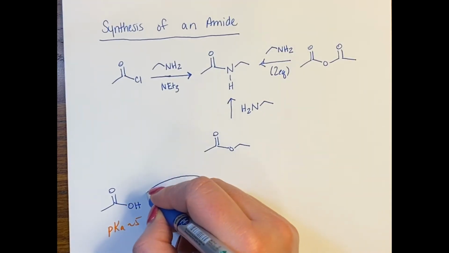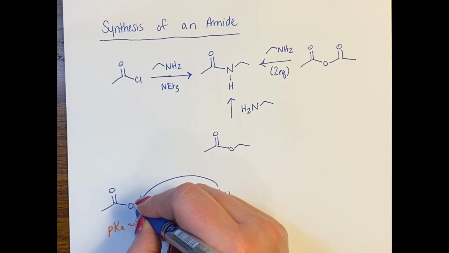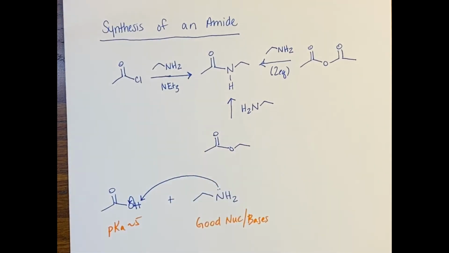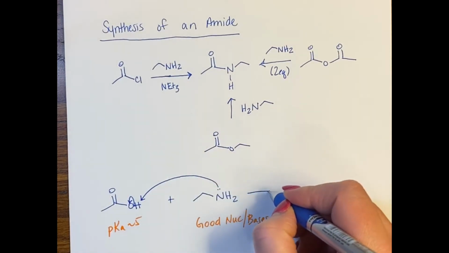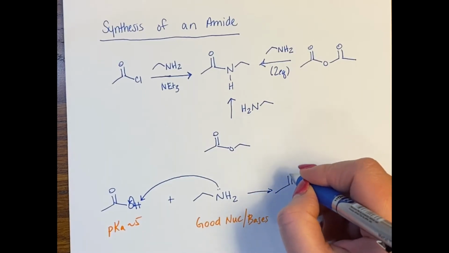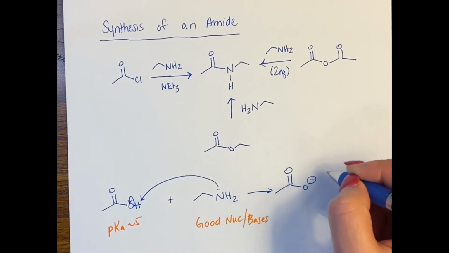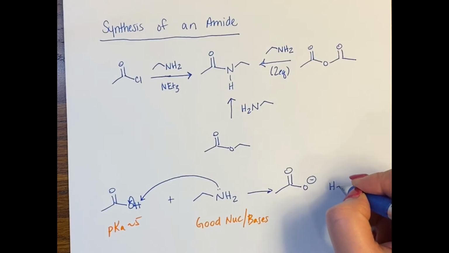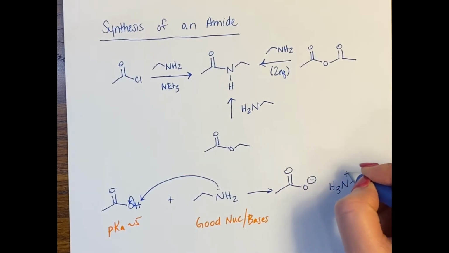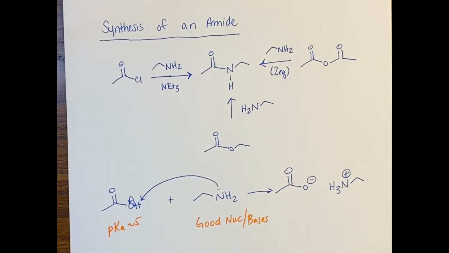This nitrogen can grab that proton from my carboxylic acid, give those electrons to the oxygen, and what I get out of that reaction is a carboxylate ion and an ammonium ion. I get a salt. So the reaction of a carboxylic acid and an amine produces a salt.